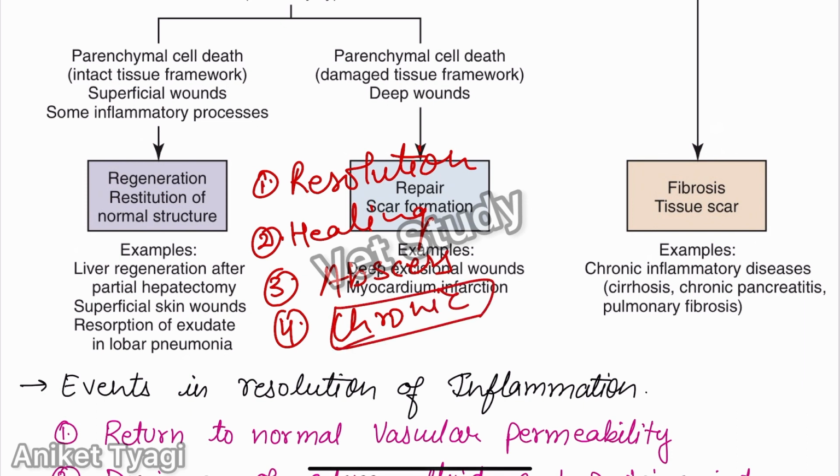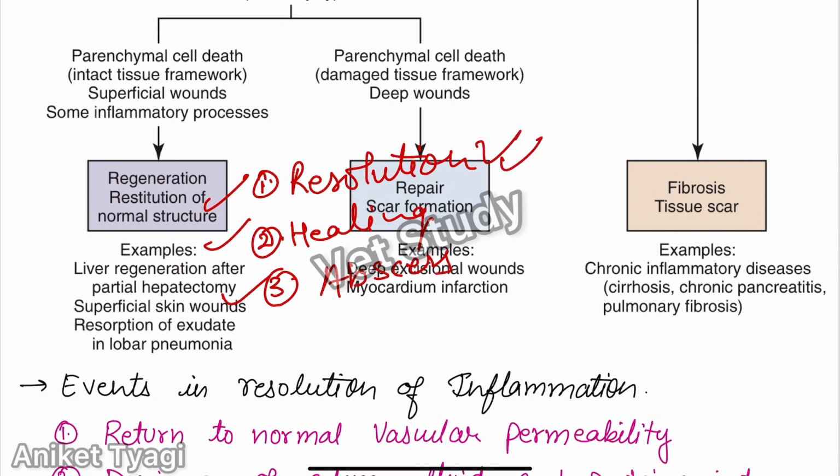This is the last sequela, progression to the chronic condition. So these are the four possible outcomes of acute inflammation. But the desired outcome is resolution. Okay, resolution occurs if the following events occur.